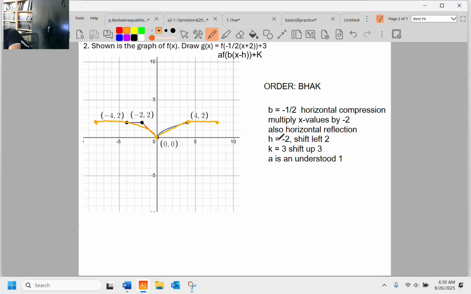Now we talk about h. Shift left 2. Good thing is I left just enough room to do this. k is 3. Shift up 3.